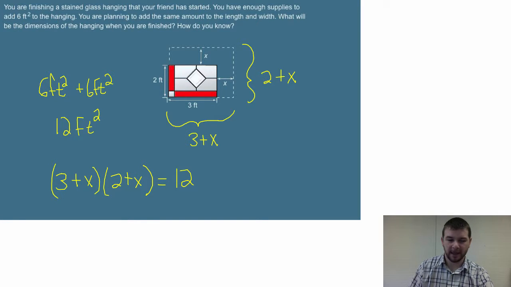You've probably realized that an x value of 1 will lead to 3 plus 1 is 4, 2 plus 1 is 3, and we know that 4 times 3 does equal 12. Therefore, we'll be adding 1 foot to both the length and the width, and the dimensions of the final wall hanging will be 4 feet by 3 feet.